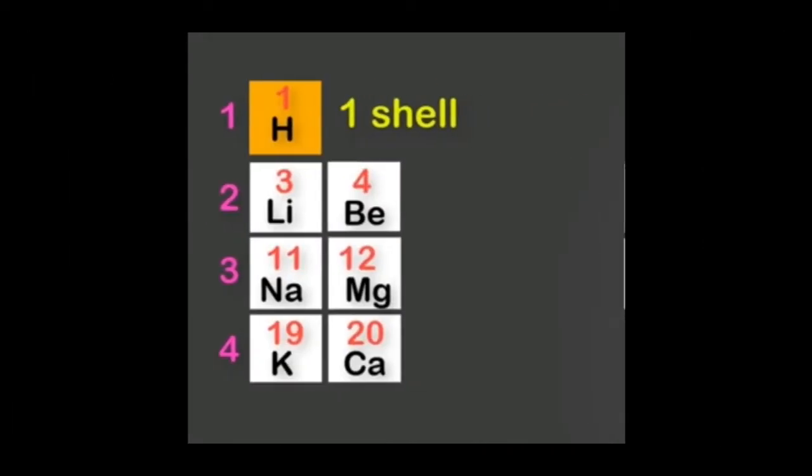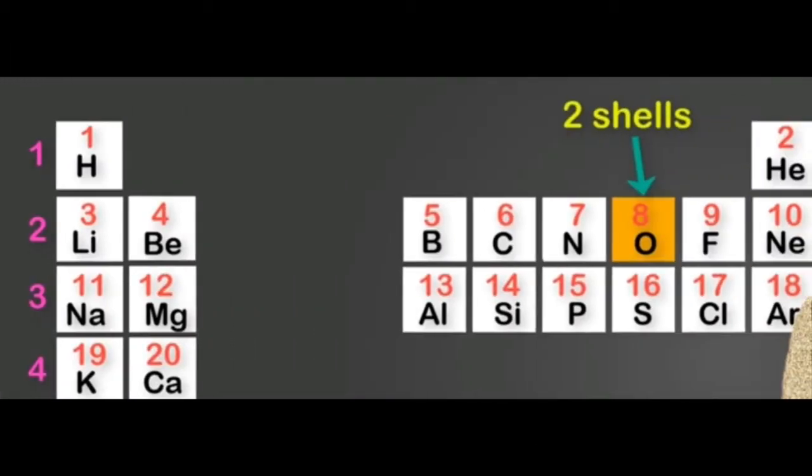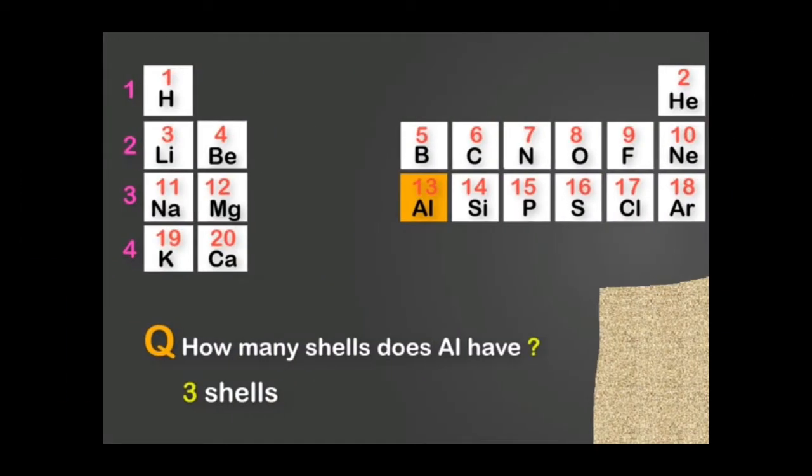For example, hydrogen is in period 1 and it has only one shell. Next example, oxygen. Oxygen is in period 2 and it has 2 shells. How many shells does aluminium have?